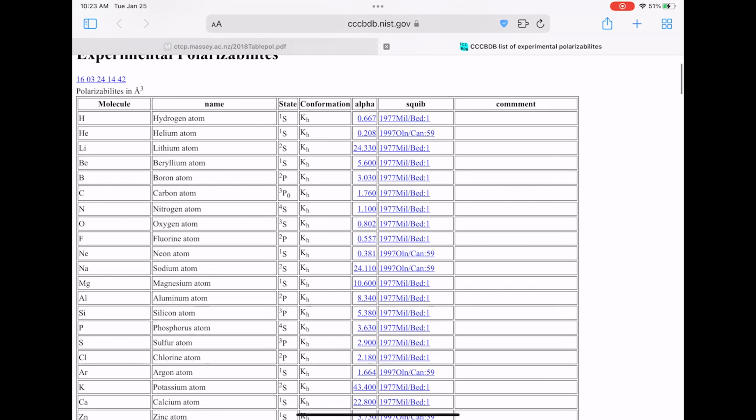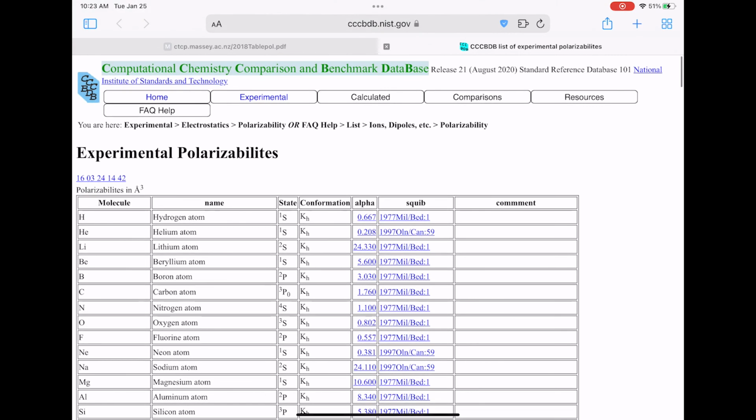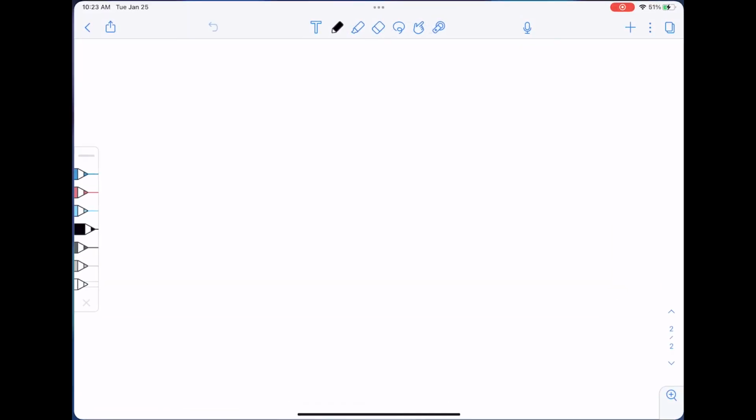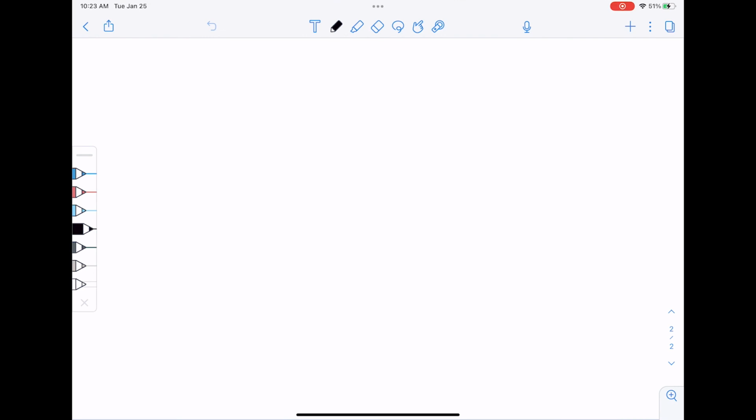And finally, for molecules made up of second row elements as well as hydrogen, or elements below the second row or below, there is a good proxy for determining the relative polarizability of that molecule.